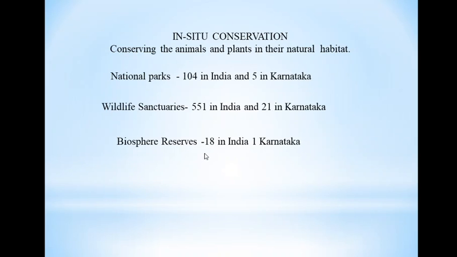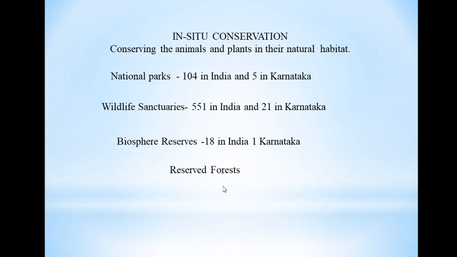This also has a buffer zone and a core zone. In the buffer zone the human settlements and other activities are allowed, whereas in the core zone nothing is allowed, neither forestry nor non-forestry activity.